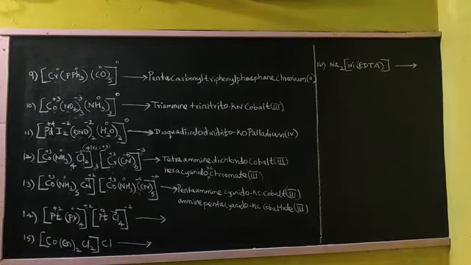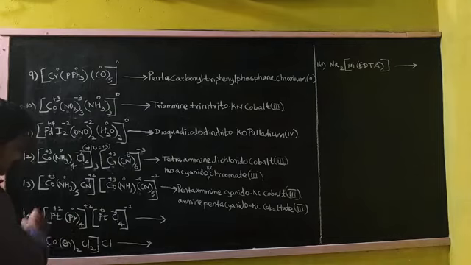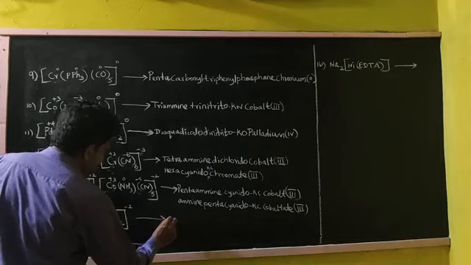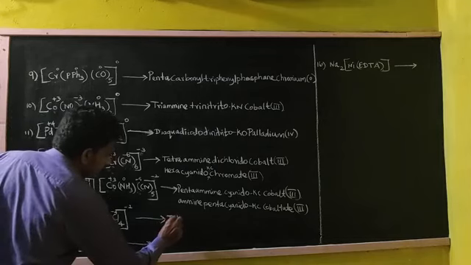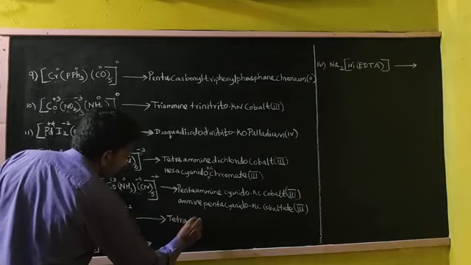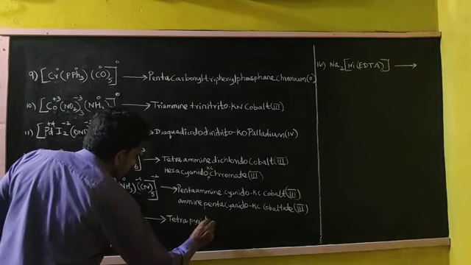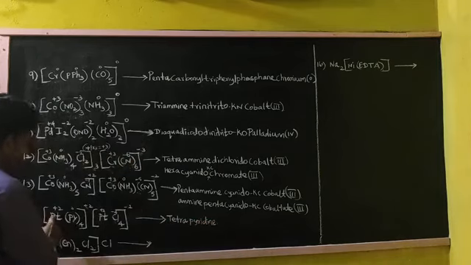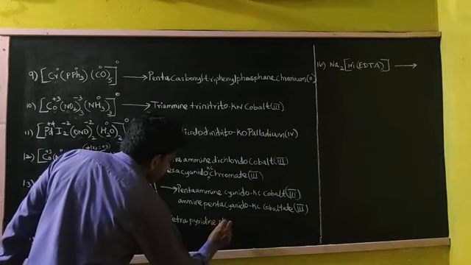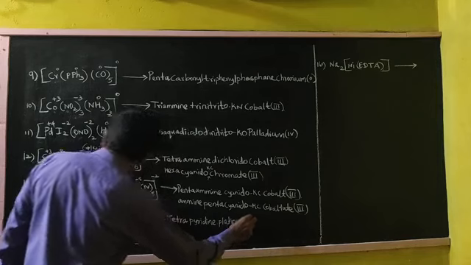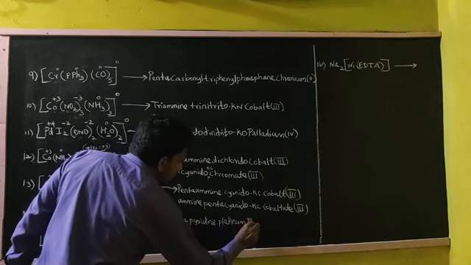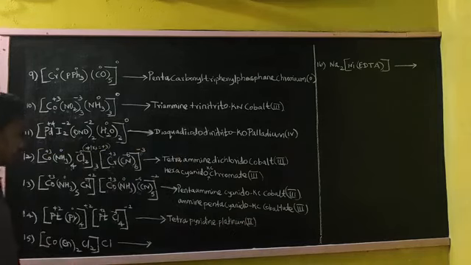Now we can write the IUPAC name. Tetra, 4 py means pyridine. Tetrapyridine, platinum, oxidation state 2, so mention with Roman numeral 2.